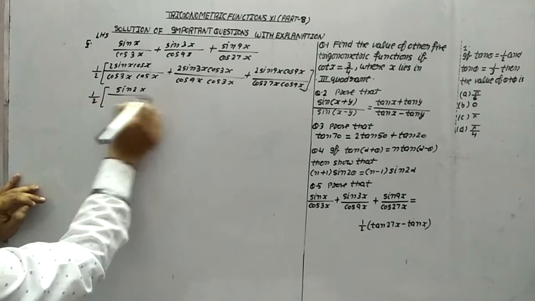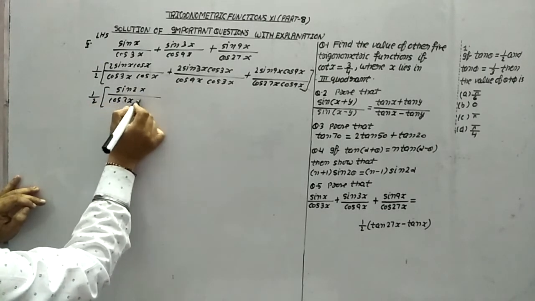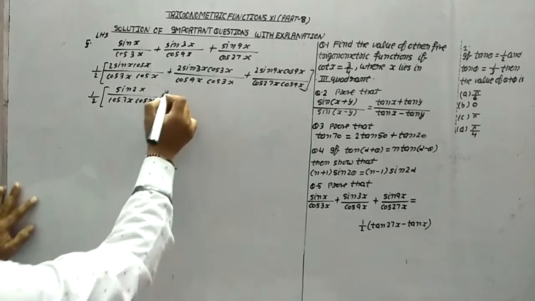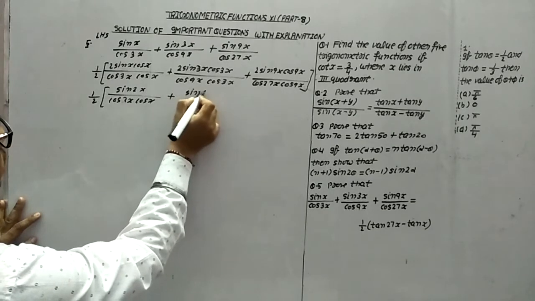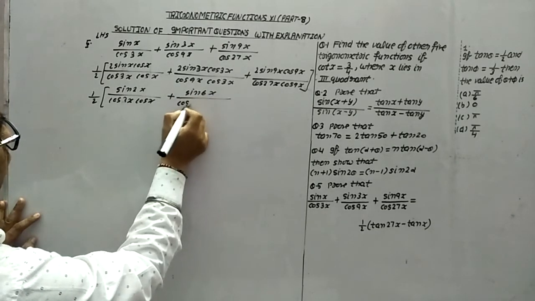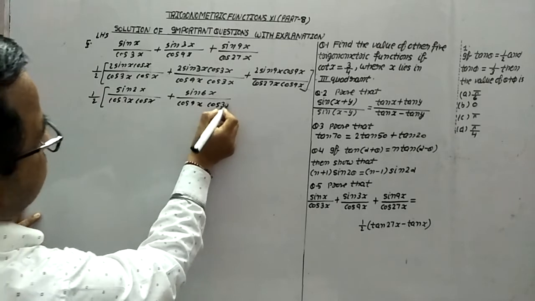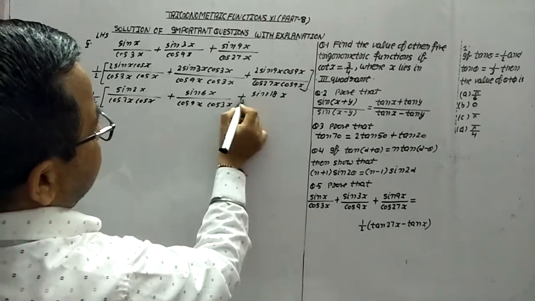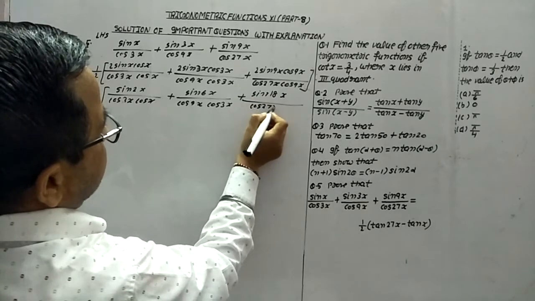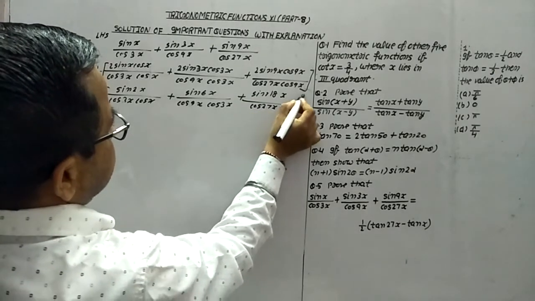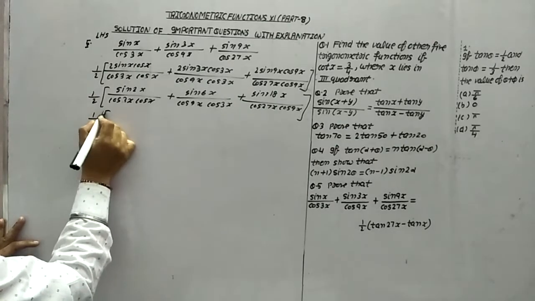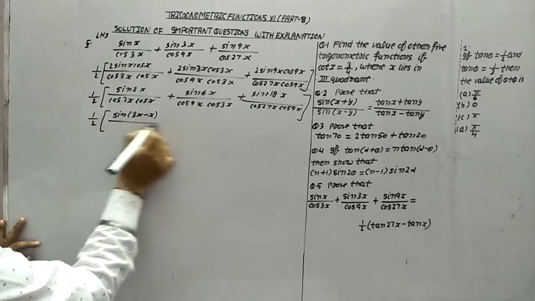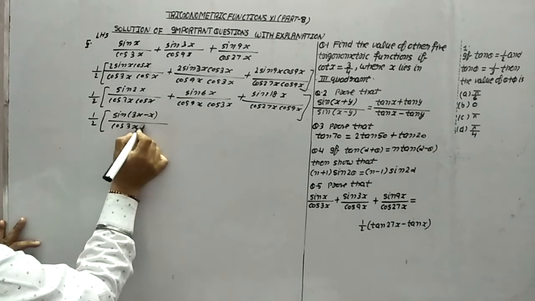It means this becomes sin 2x upon cos 3x cos x. In the same way, this becomes sin 6x upon cos 9x cos 3x, and this becomes sin 18x upon cos 27x cos 9x. Now 1 upon 2, sin 2x we can write as sin(3x minus x) upon cos 3x cos x.